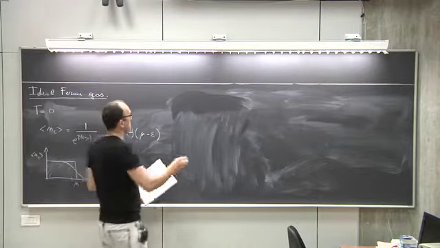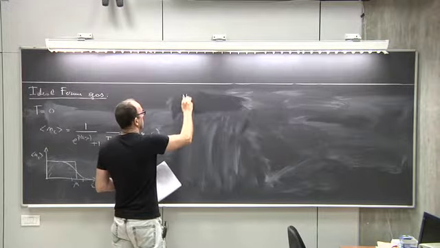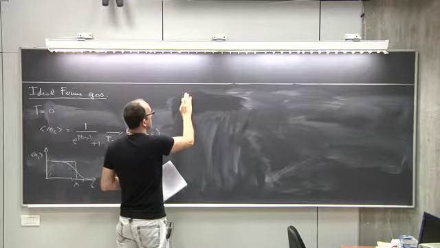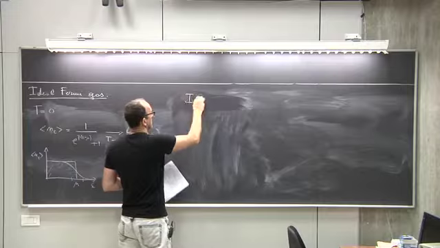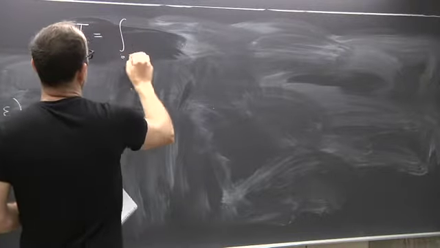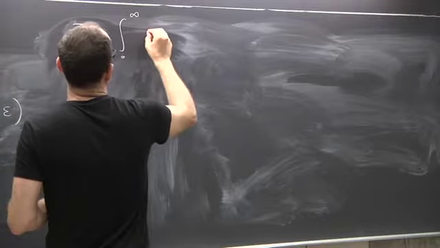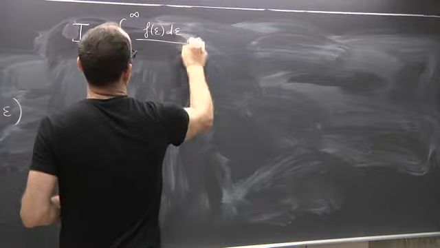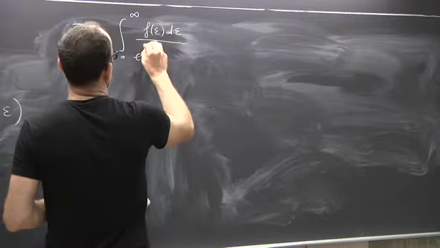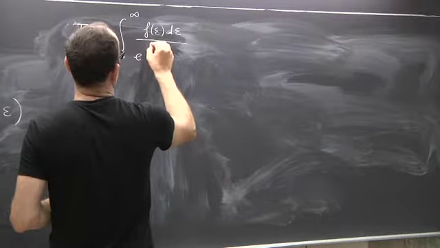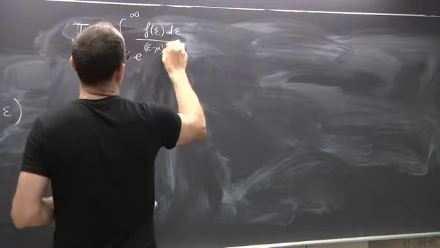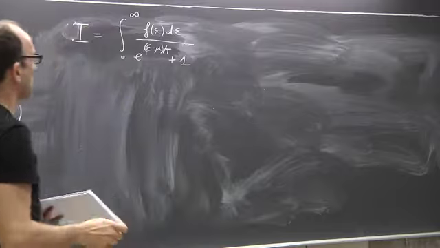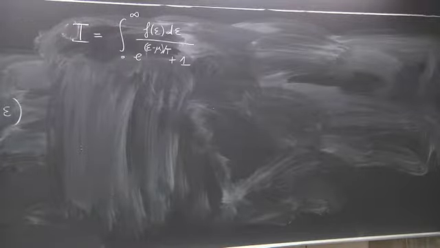So, if you consider both the number of particles and the internal energy, you have to compute integrals of this type: an integral over the energies of a function of the energy divided by e to the epsilon minus mu divided by t, plus 1, where t is kT, okay?